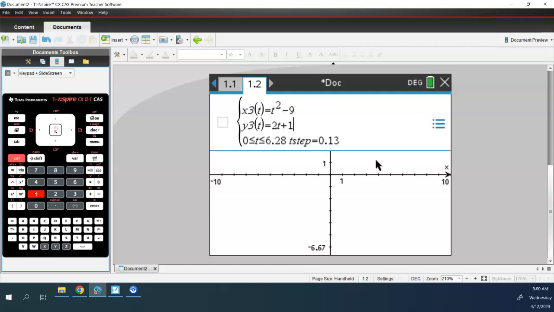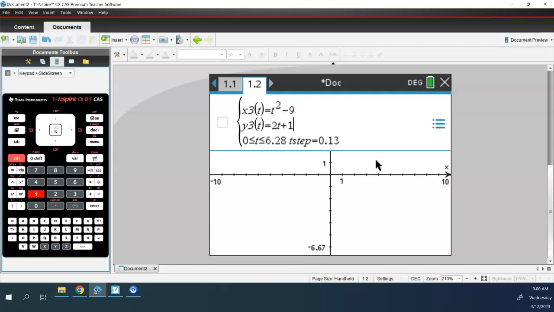Okay? Now, this next part right here, where it says on yours, 0 is less than or equal to t is less than or equal to 6.28. That is the default, because parametrics are normally used with trig functions. That goes from 0 to 2 pi, first lap unit circle. Okay? That's what that is. So we need to change that because this function is not first lap unit circle.